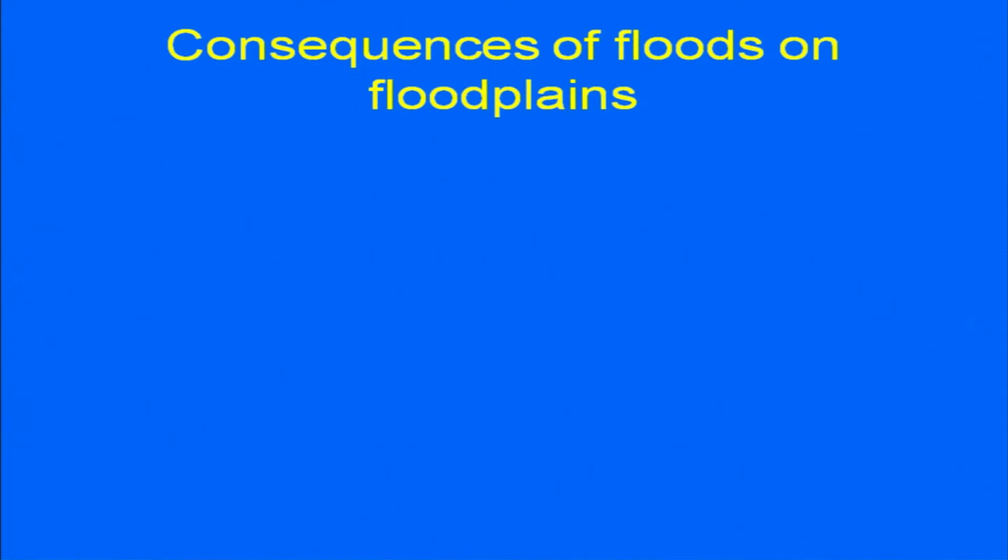Now, consequences of floods on floodplains. If we talk about the discharge and the time lag, you will understand that if you alter one system, it is going to affect another one.